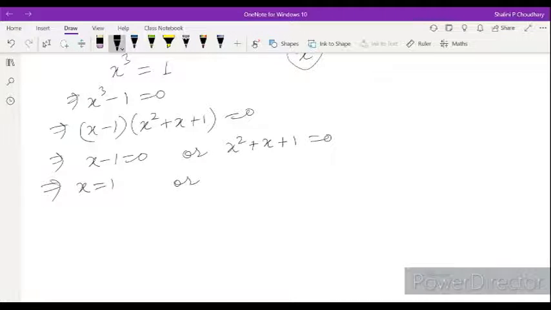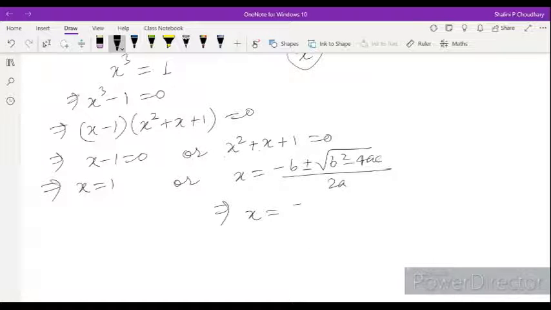Next, here we'll apply the formula x is equal to minus b plus minus square root of b square minus 4ac, divided by 2a. So what value will we get? Here the value of a is 1, b is 1, c is 1. So x will be minus 1 plus minus square root of 1 square minus 4 into 1 into 1, divided by 2 into 1.